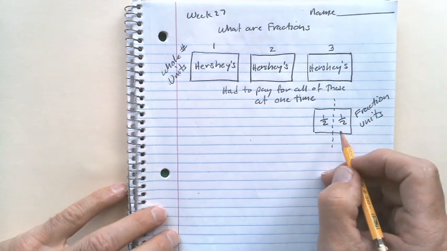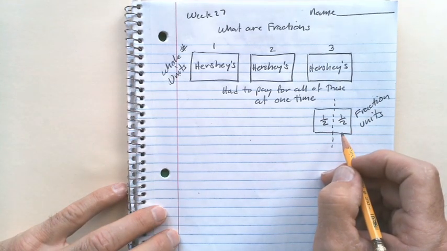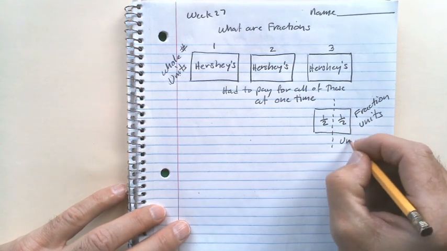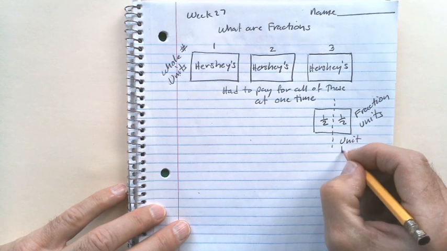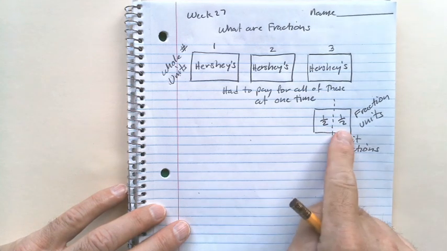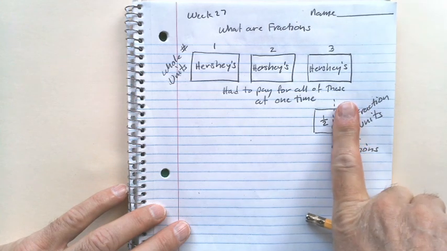And if you remember a couple weeks ago, we had a specific name for these things, and these are called unit fractions. Here's two unit fractions. So just one of these is a unit fraction.